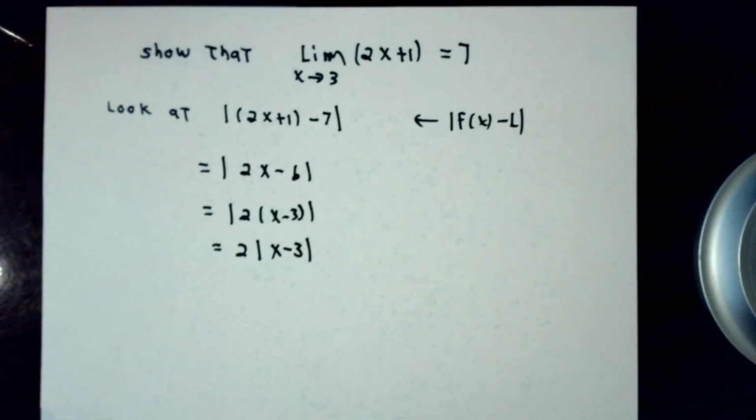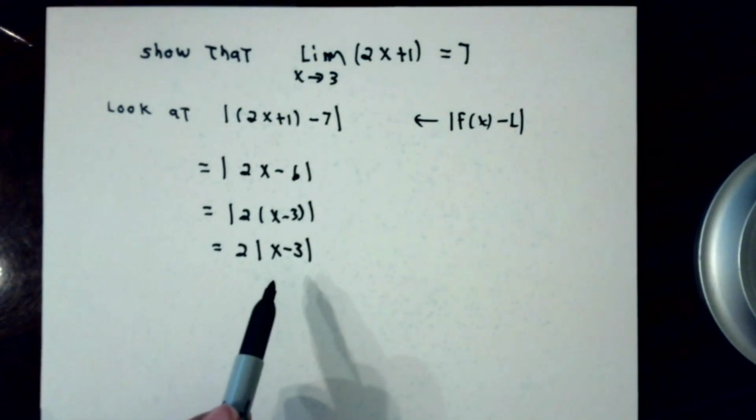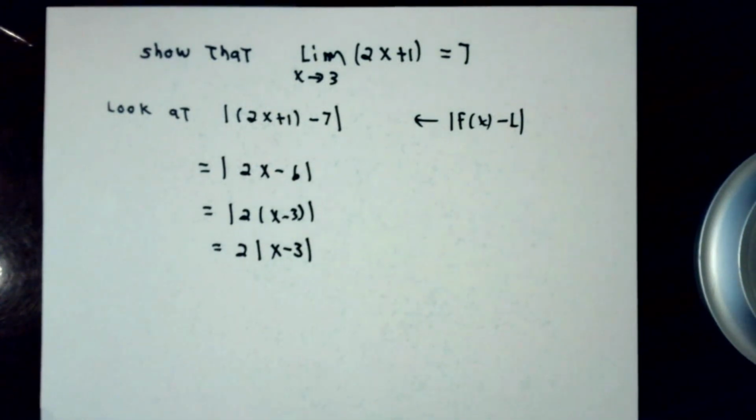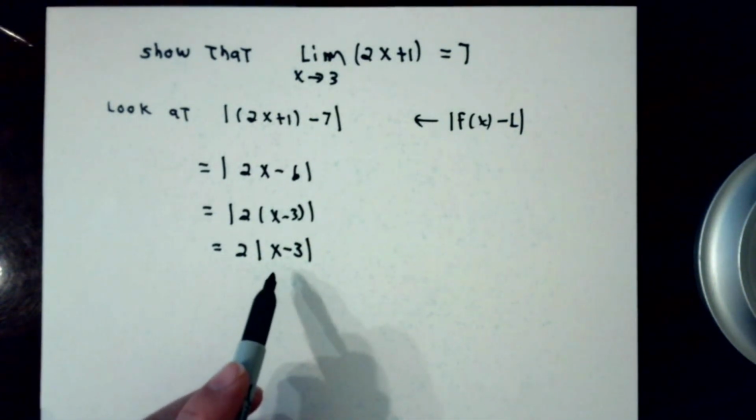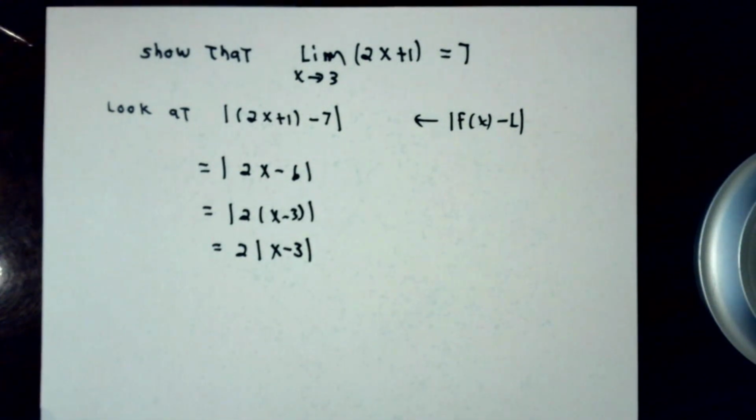By doing some algebra, I can re-express this absolute value of function value minus L as being 2 times the absolute value of x minus 3. The reason that this is desirable is the absolute value of x minus 3 is the distance on the number line between x and 3.